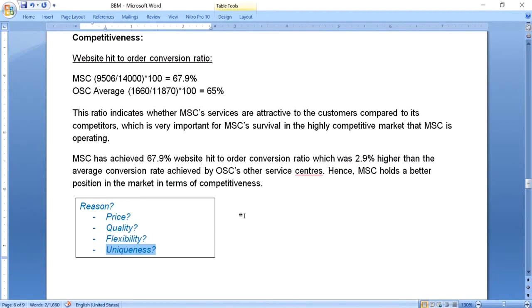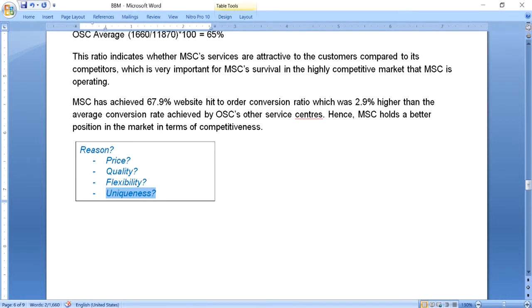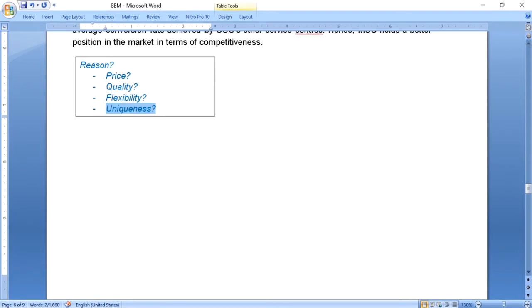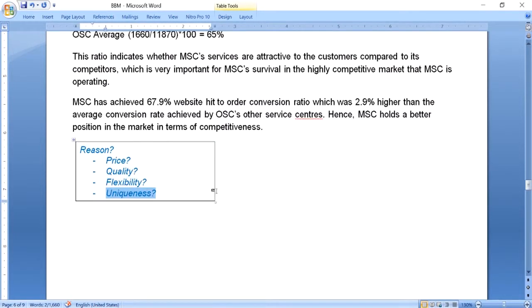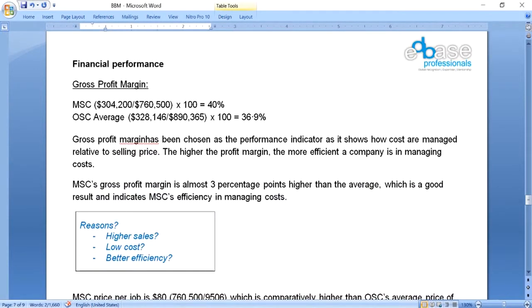Okay, so I'm leaving a space here so that I can get back to this segment later on, because we have other dimensions, and I believe the other dimensions could be related to or contribute to the competitiveness. Okay. Now the second performance dimension that we have is financial performance.